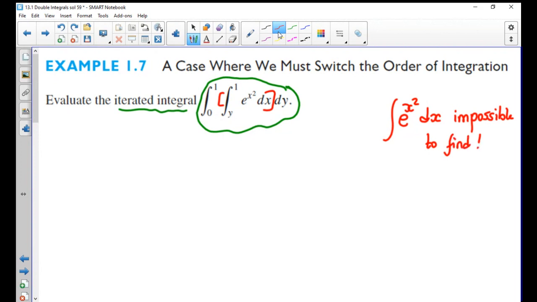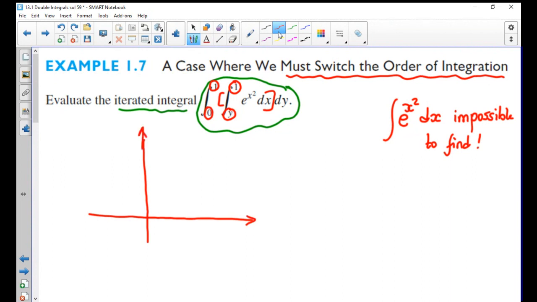Therefore, we must switch the order of integration. That means we first need to integrate with respect to y. But to do that, we will have to change the boundaries. When we change the order, these boundaries will change. And to change them correctly, I need to graph.